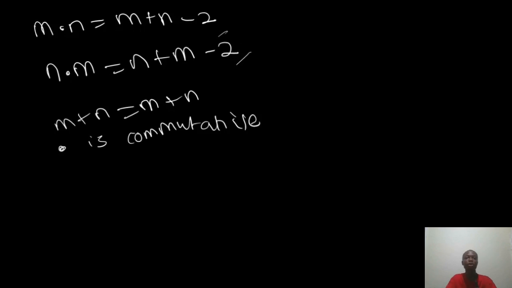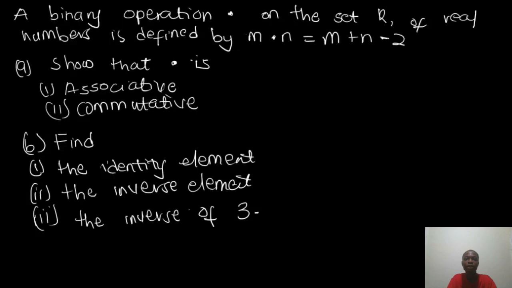So now the next question says that we should find the identity element, the inverse element, and the inverse of 3. So we are going to find the identity element first.